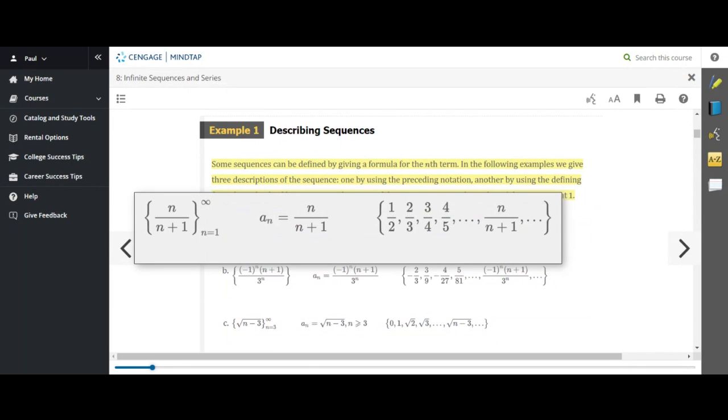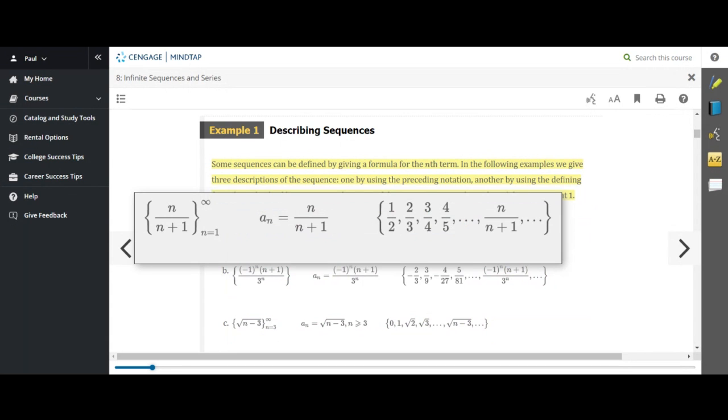So these are just 3 ways to denote a sequence. And sequences usually start at n equals 1, but a sequence doesn't have to start at n equals 1. But for our purposes, our sequences will normally start at n equals 1.